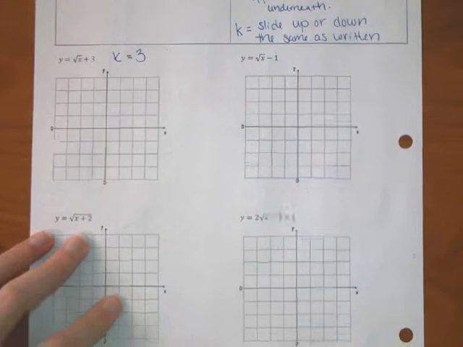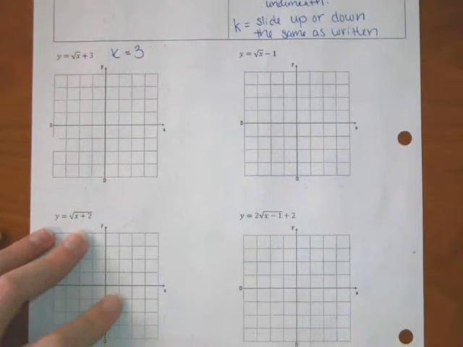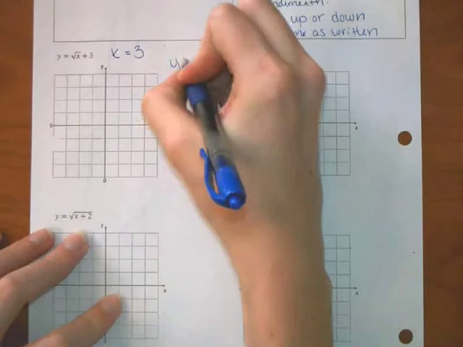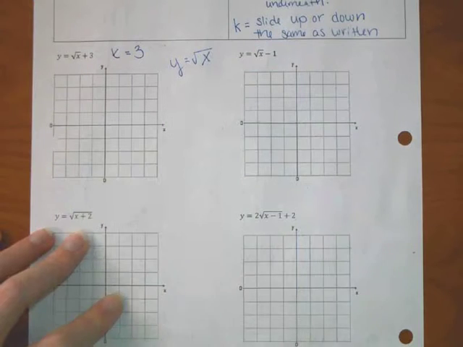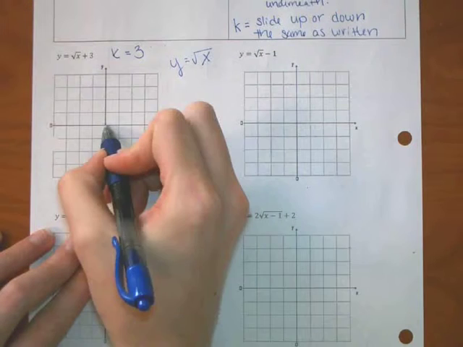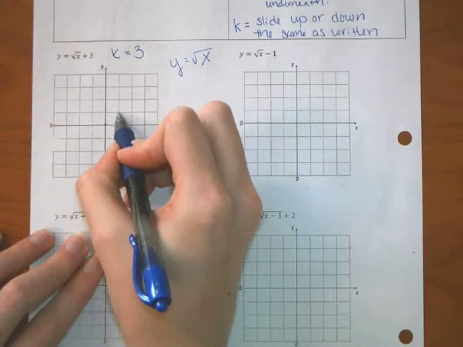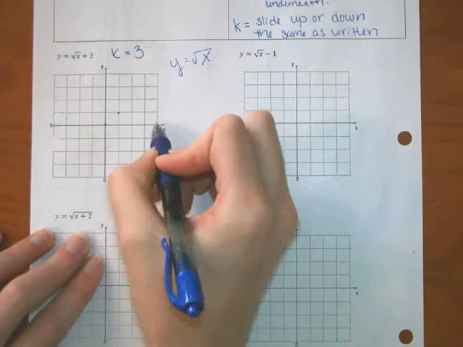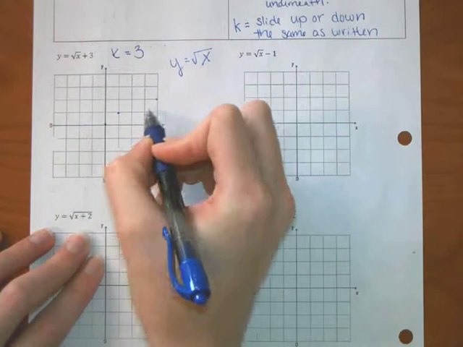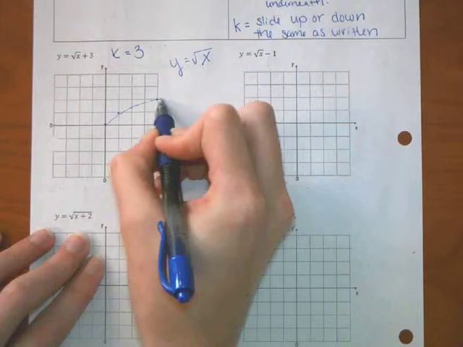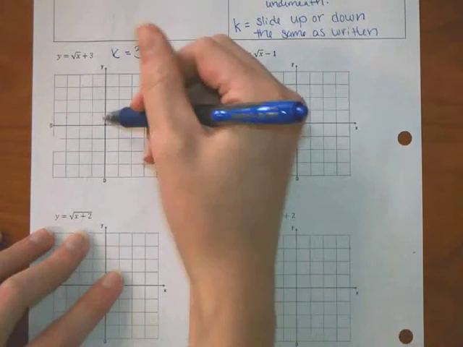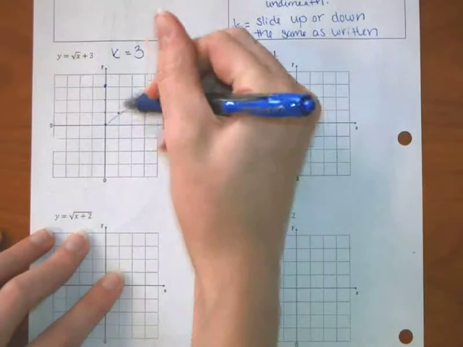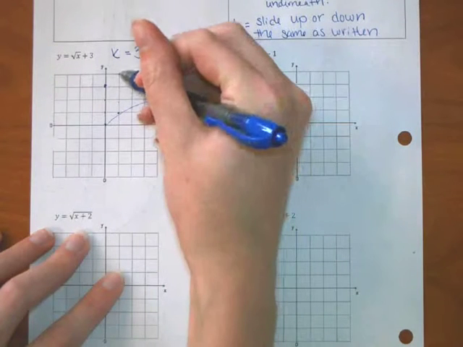Let's start with our parent function, because this is all coming from our parent function, which, as a reminder, was y equals the square root of x. If I draw my parent function, which was 0, 0, 1, 1, 4, 2, we're just going to move everything up 3.